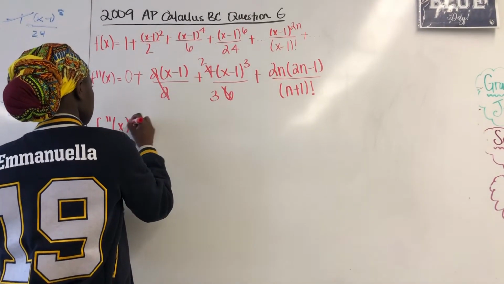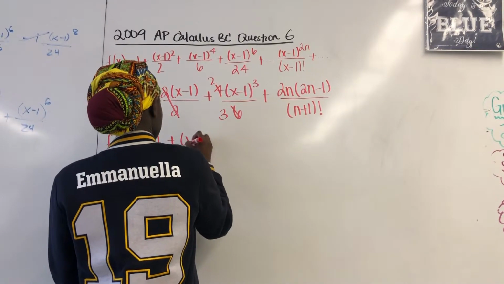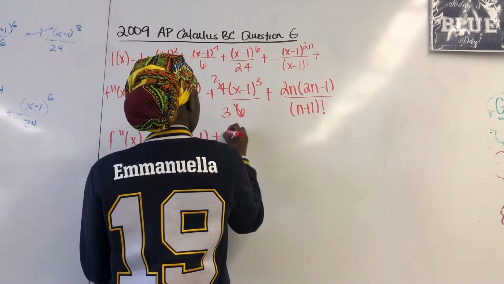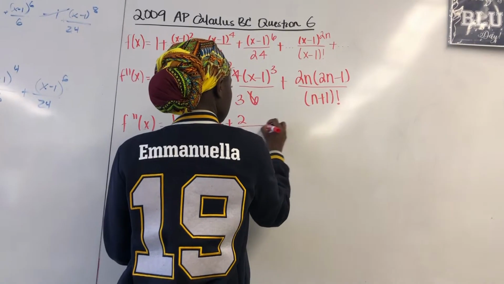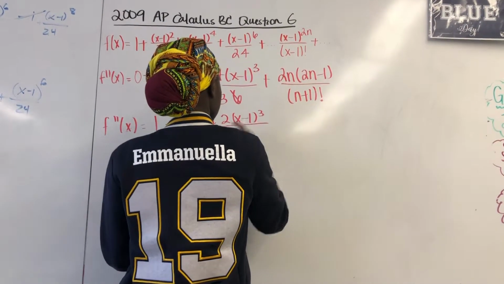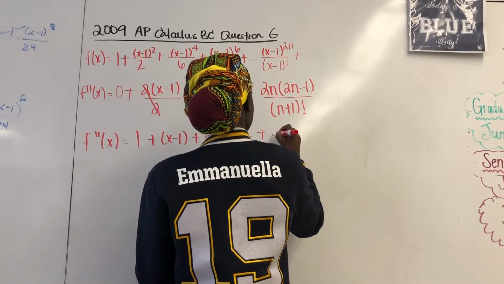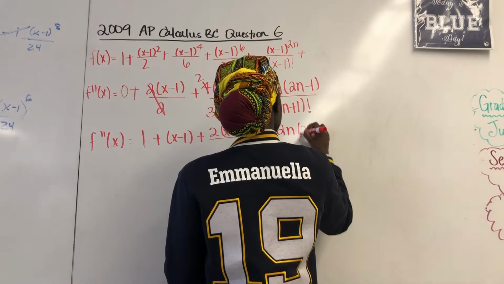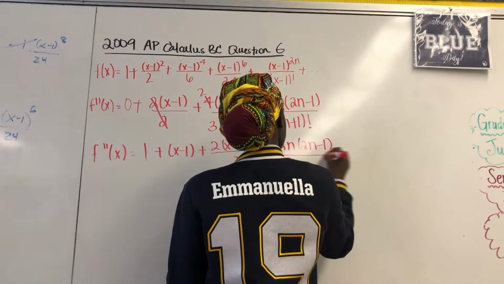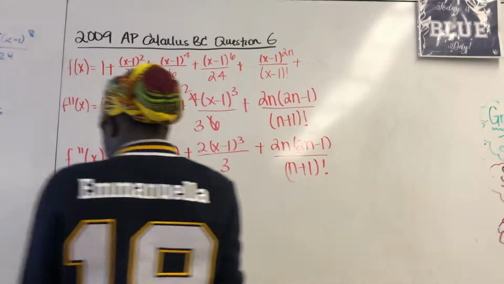So your answer would be f double prime of x equals 1 plus (x minus 1) plus 2/3 times (x minus 1) to the third power over 3 plus 2n times (2n minus 1) over (n plus 1) factorial.